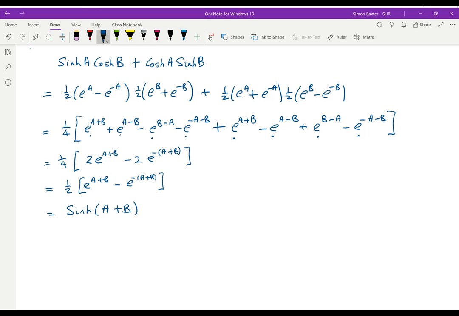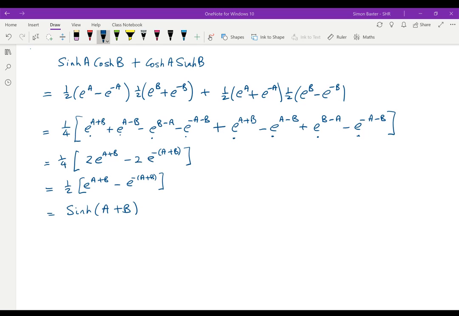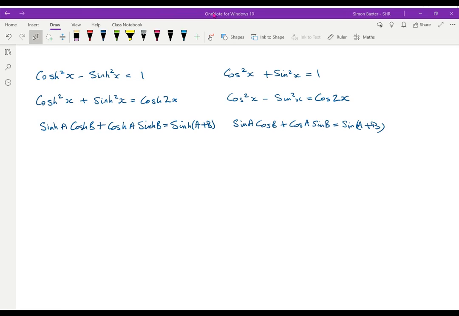So what pattern have we seen when we're dealing with these? These are the formulae that we've seen so far. Cos squared plus sine squared is 1, and cosh squared minus sinh squared is 1. Cos squared minus sine squared is cos 2x, and cosh squared plus sinh squared is cosh 2x.